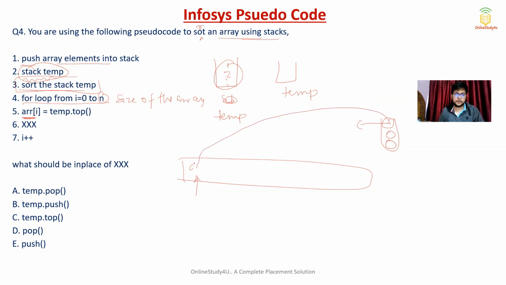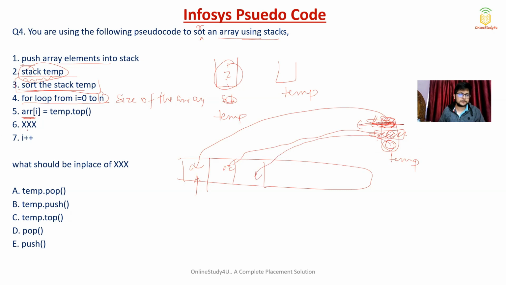It will come to the first position. Then I have to erase it from the temp so that the next value comes on top. Now this value goes at this position. After that, I will erase it again, and now this value will be at the top, and I'll again do st.top, and now this value will be here.